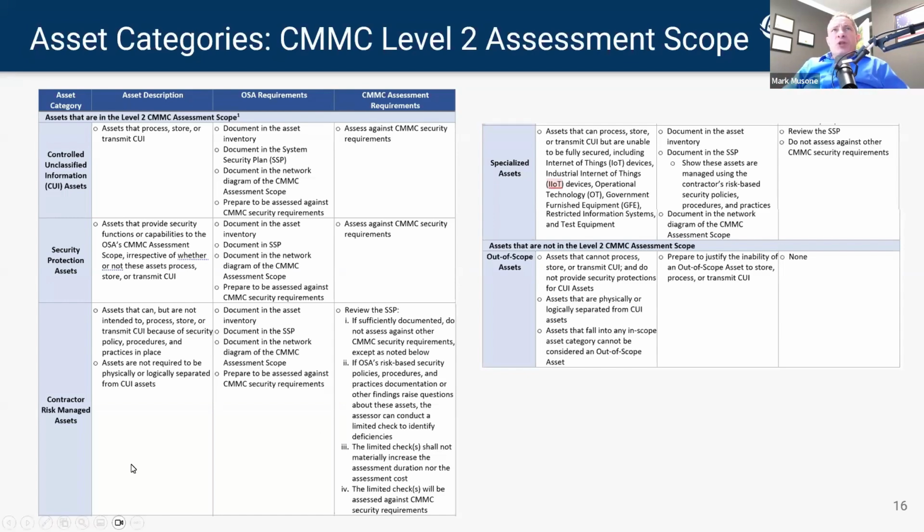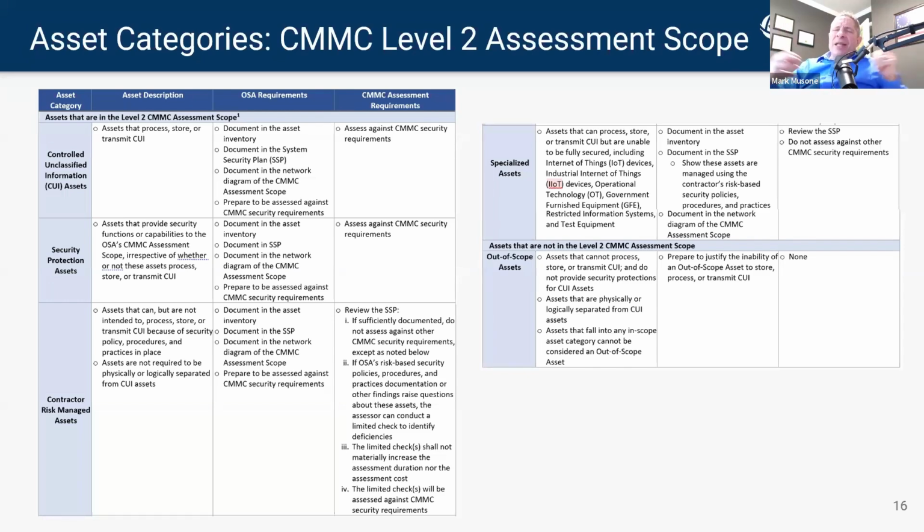And then we have contractor risk managed assets. Those are assets that can, but are not intended to, process, store, or transmit CUI because of security policy, procedures, and practices in place. So you might have some assets on your network that are not supposed to be handling CUI.